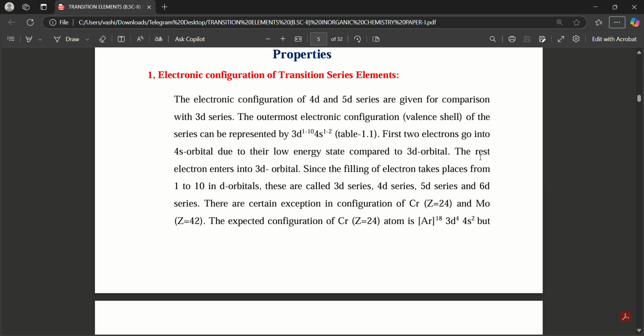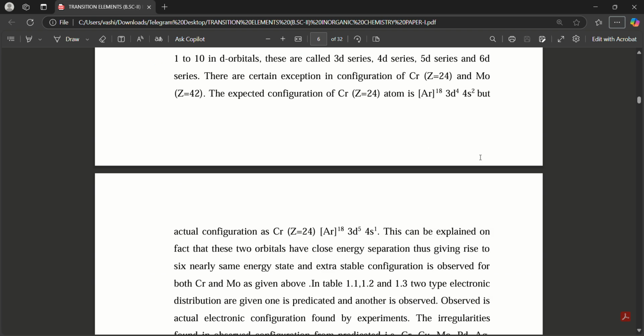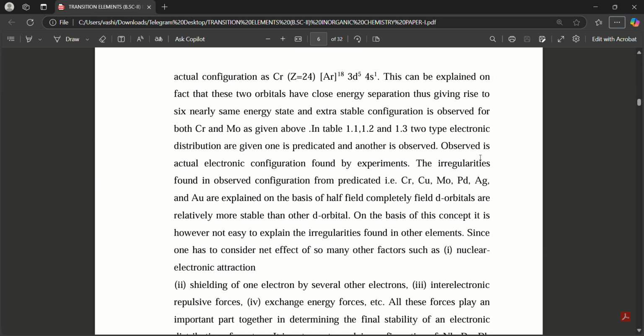There are certain exceptions in the configuration of Cr, Z equal to 24, and Mo, Z equal to 42. The expected configuration of the Cr atom is argon 18 3d4 4s2, but the actual configuration of Cr, atomic number 24, is argon 18 3d5 4s1.